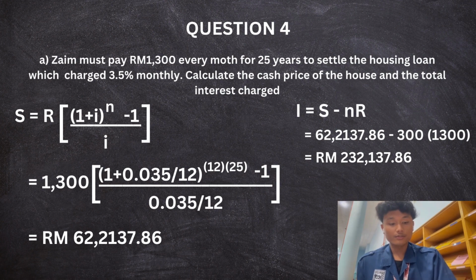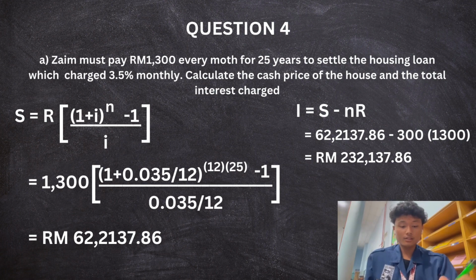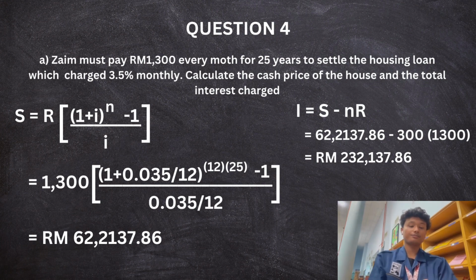We put the information given into the formula, which is R equals 1,300 times (1 plus i), where i equals 0.035 over 12. Then we get the answer S equals 622,137 ringgit and 86 cents.